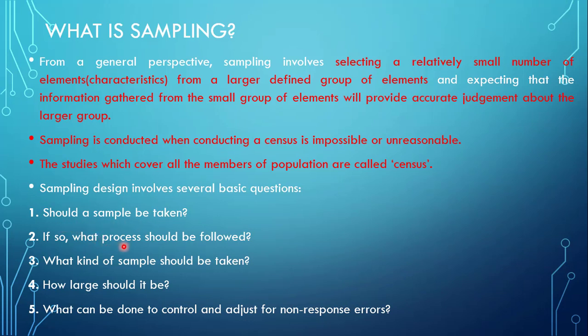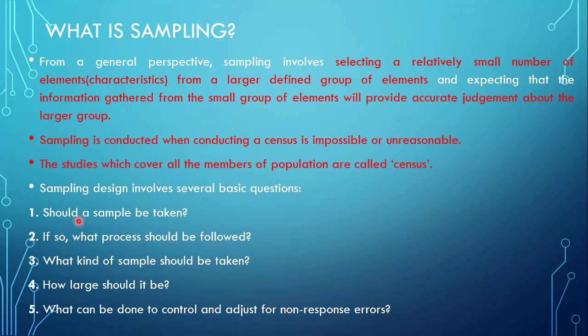The second question that you need to address as a researcher is what process should be followed in selecting the samples. There are different processes and techniques for that matter. Basically, you have the very well-known probability and non-probability sampling approaches. We will discuss that later on, but you need to understand which sampling process and which steps should be followed in selecting the sample from the population.